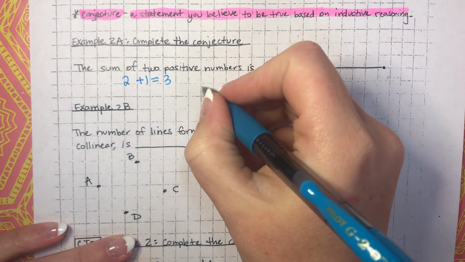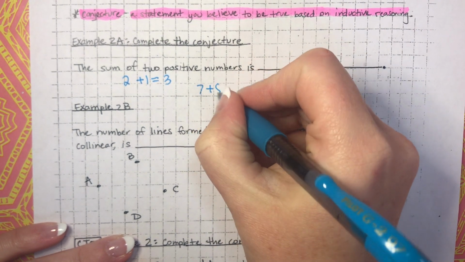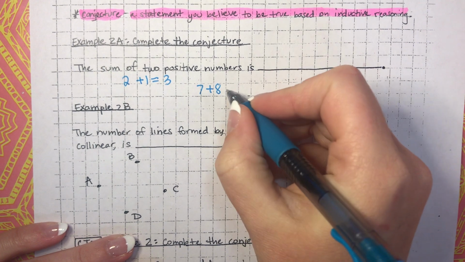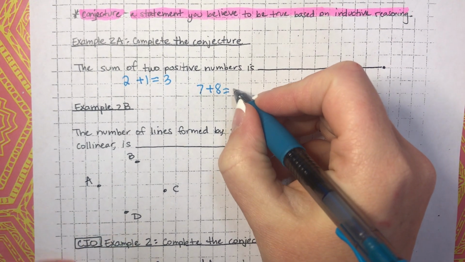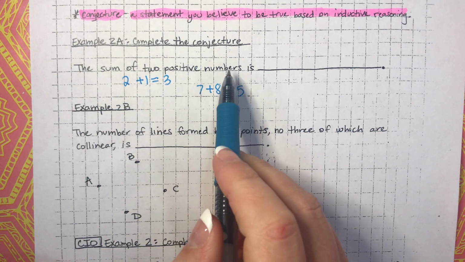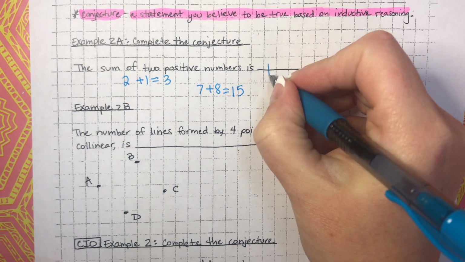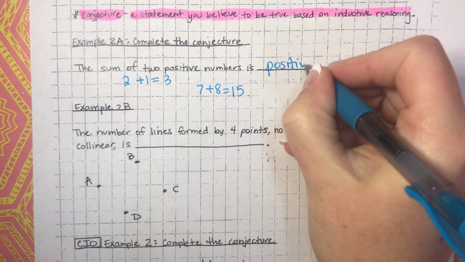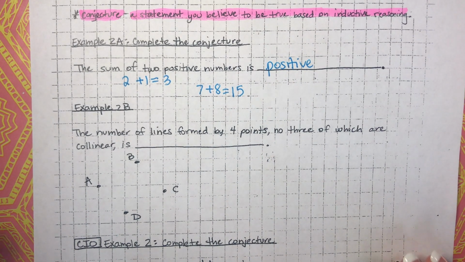Let's take a different example. 7 plus 8. This is positive, this is positive. We end up with another positive number, 15. So what we can say is the sum of two positive numbers is positive. That's how we would complete that conjecture.